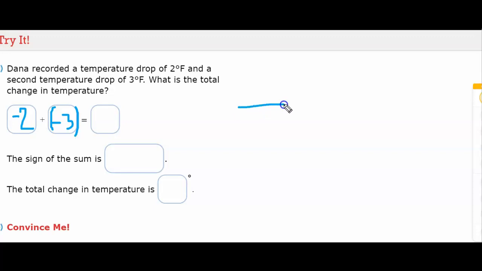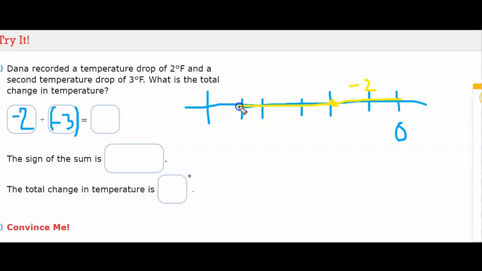And I'm going to show that number line like they did in the example. I'm going to start with 0, 1, 2, 3, 4, 5, 6. And so if we first start at 0, and our temperature dropped the first 2 degrees, and then it dropped another 1, 2, 3 degrees.